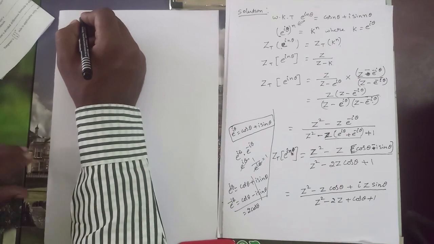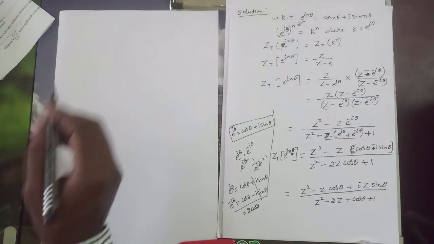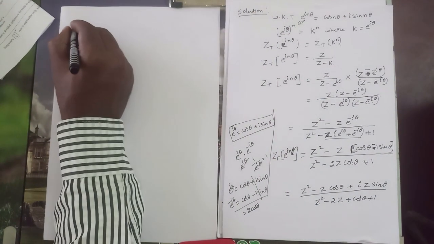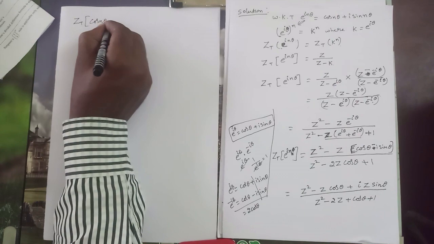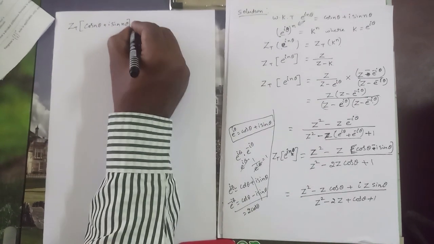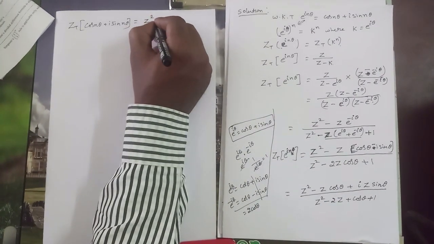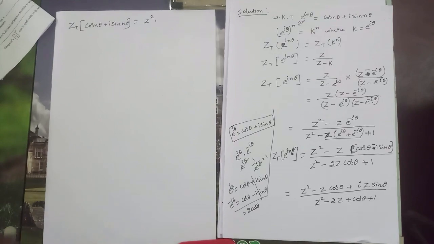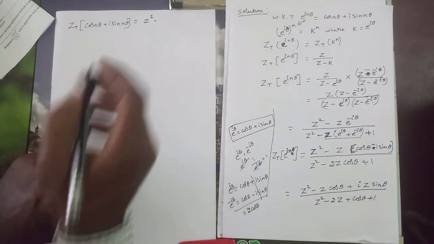Now what do you get here? What is e to the power of inθ? The z transform of e to the power of inθ is the z transform of cos nθ plus i sin nθ, equals, what do you get here? I'll take real parts one side and imaginary parts one side.